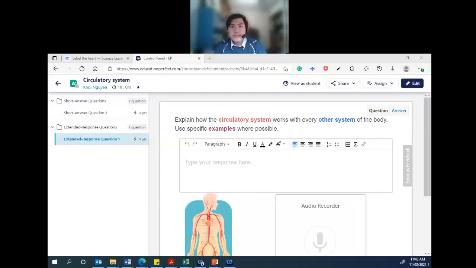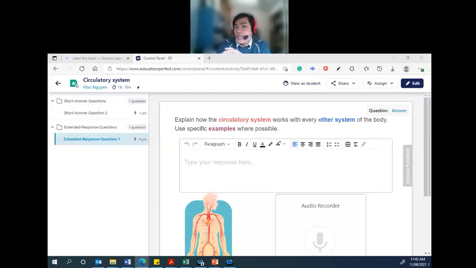So Georgia says supplies oxygen and nutrients. So what does it work with then, Georgia? Ethan says the circulatory system carries blood to other systems to help power them.